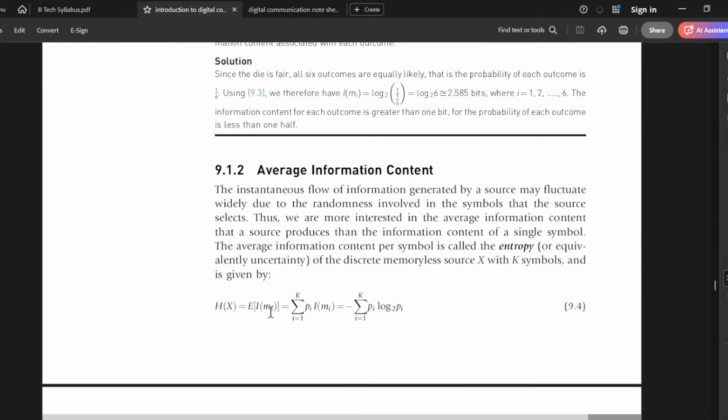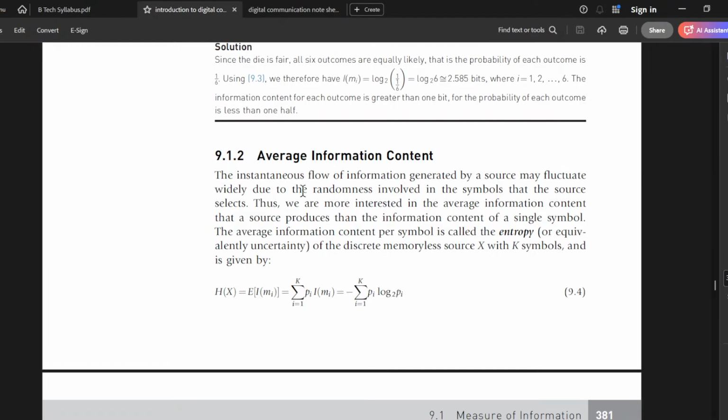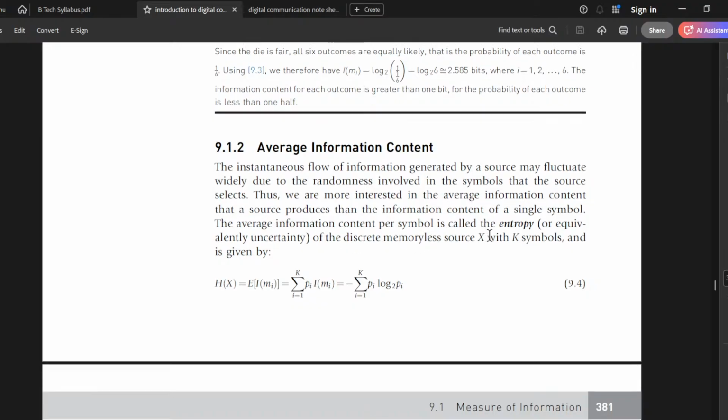Average information content. The instantaneous flow of information generated by a source may fluctuate widely, involved in the symbols that the source selects. Thus, we are more interested in the average information content that a source produces than the information content of a single symbol.